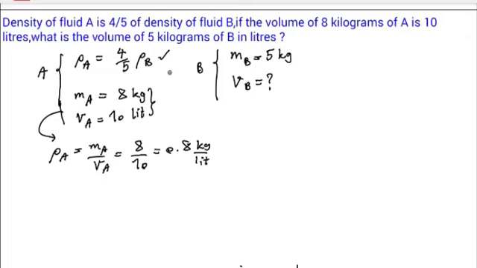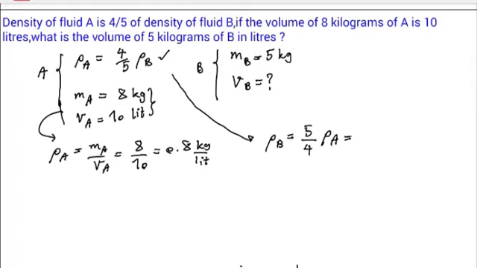This equation is telling us that rho of A is 4/5 of rho of B. We use this equation and convert it. And we can write from this equation that rho of B is equal to 5/4 of rho of A. So instead of rho of A, we can write 0.8 kilograms per liter.